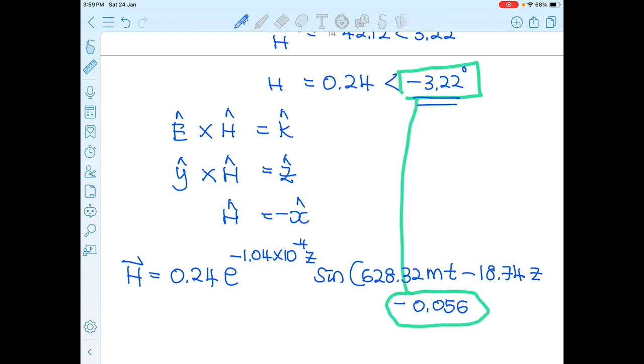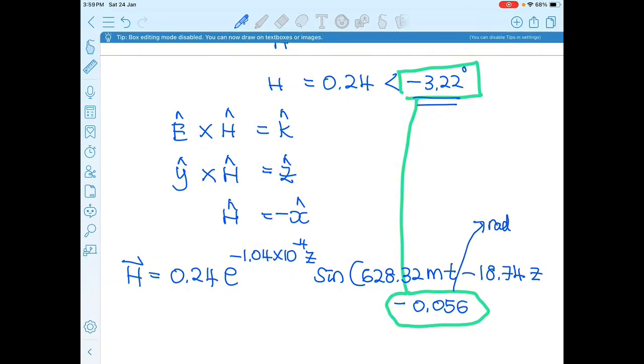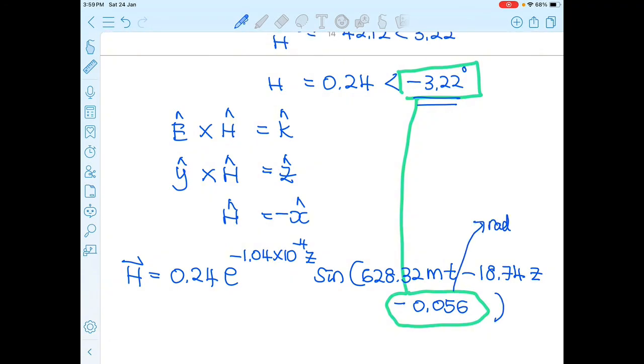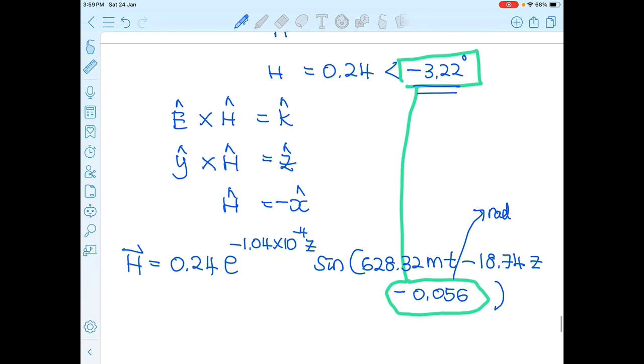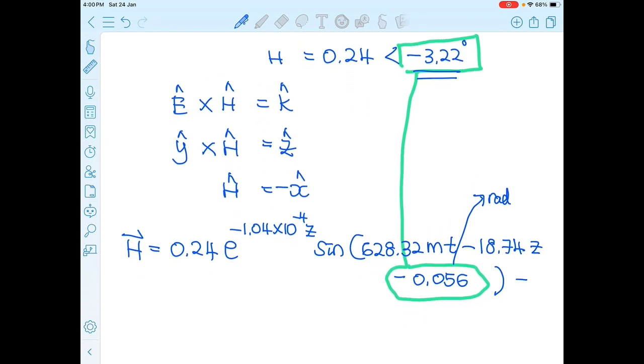So this one is degrees and this is radians. And the direction for the magnetic field is the negative x direction. So this is your magnetic field equation.